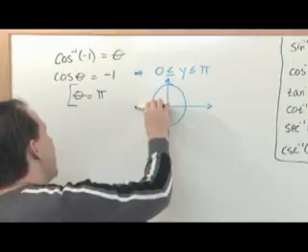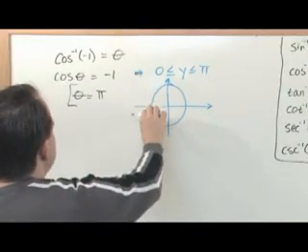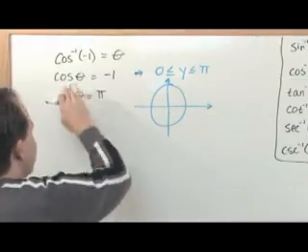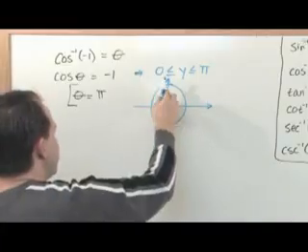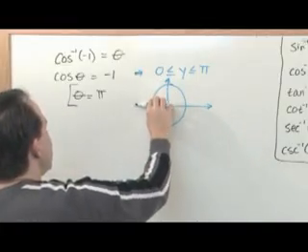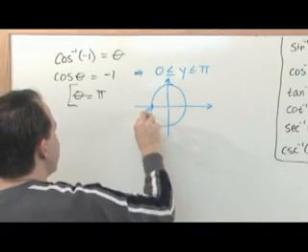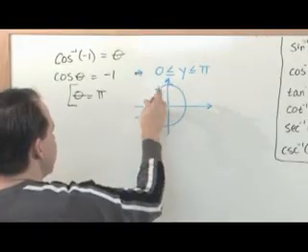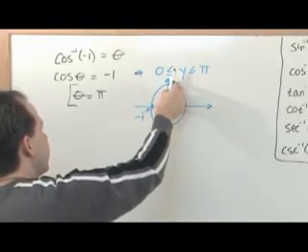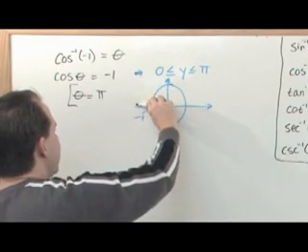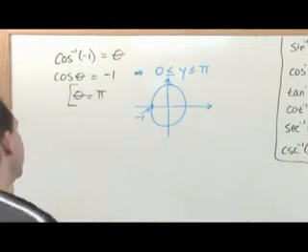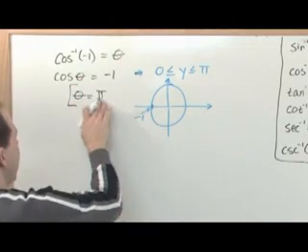So over here at pi radians, if I take the cosine of pi radians, and cosine is the projection of my little line that I'm moving around onto the x-axis, then it's going to be projected over here to -1, because this is +1 and this is -1. So as I move my unit circle radius over to pi radians, the projection to the x-axis is going to be -1. So that's why I said the angle has to be pi.